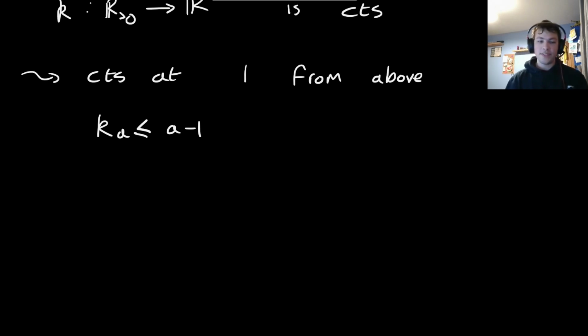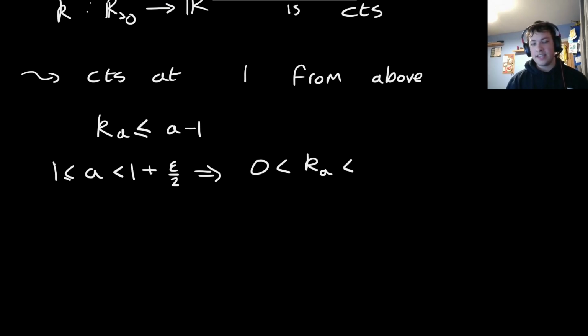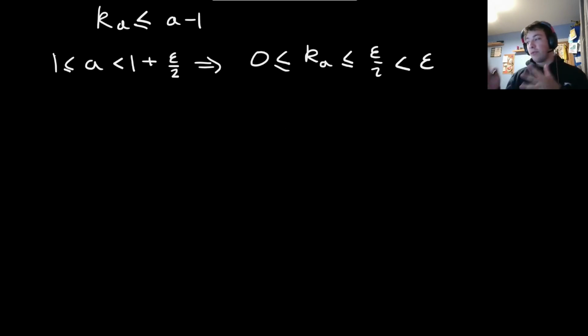So if Ka is less than or equal to this, then we can say if 1 is less than or equal to a, which is less than 1 plus epsilon over 2, then 0 is less than Ka, which is less than or equal to epsilon over 2, which is less than epsilon. So K is continuous at 1 from above.